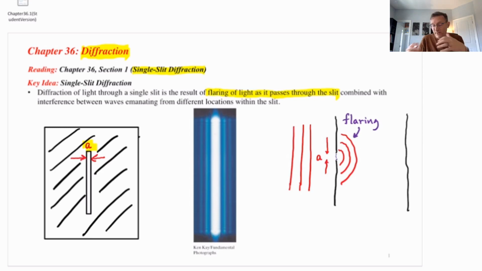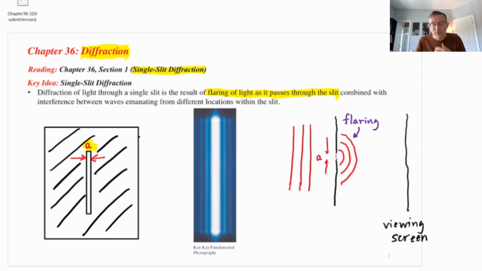And it's the combination of the flaring, giving you the rounded wavefronts, and the interference that together is diffraction and produces what we would observe on the viewing screen, which would be what we call a diffraction pattern.